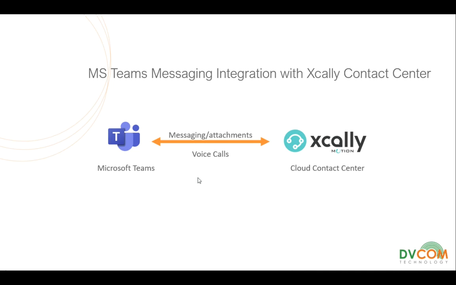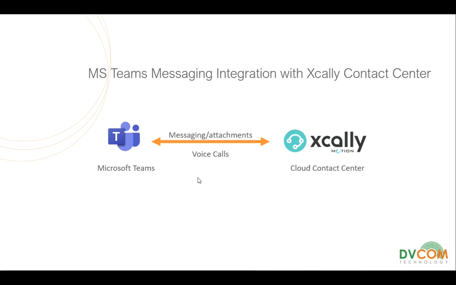So the whole idea behind the integration with Microsoft Teams is to enable enterprises that have Microsoft Teams deployed for regular usage to contact their call centers. Apart from this, there is a second scenario: the organizations are on Microsoft Teams, your call center is available, and you want your customer to reach you.